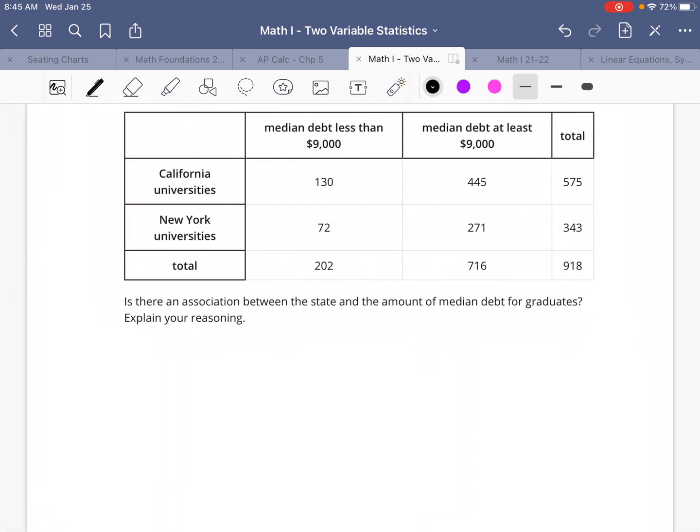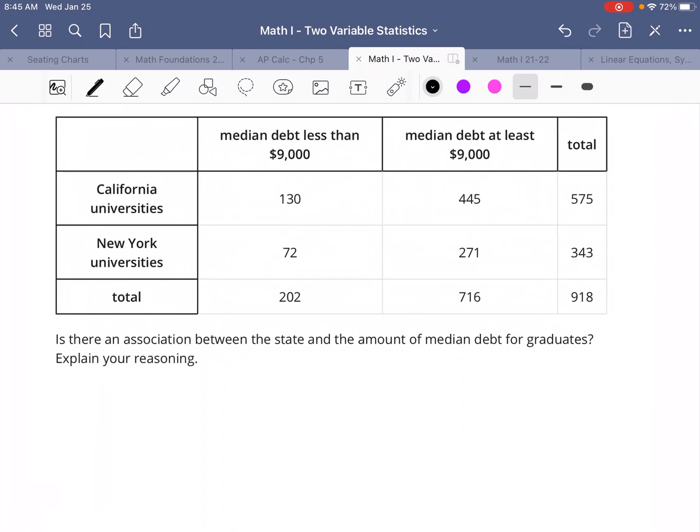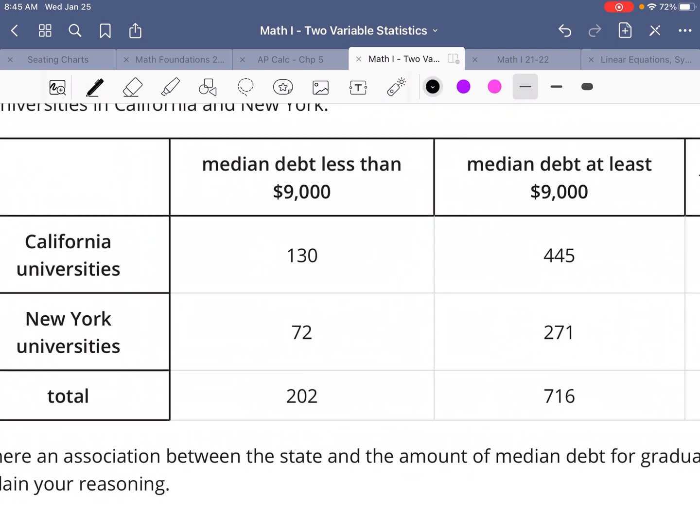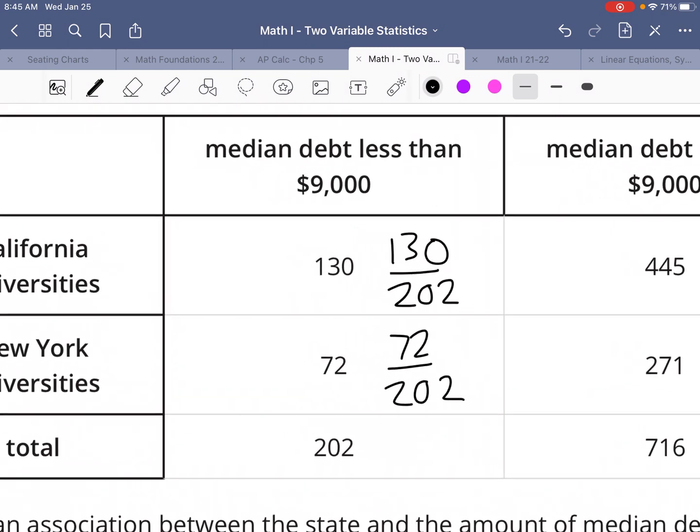So for example, if I were trying to do a relative frequency table showing median debt less than 9,000 for California versus New York, what I would do is take 130, this number right here, and divide it by 202. And then I would take this number, 72, and divide it by 202. 130 divided by 202 is going to be around 65-ish%.